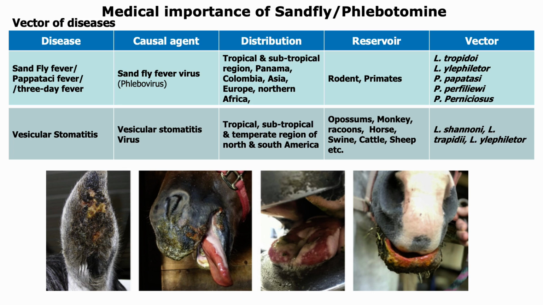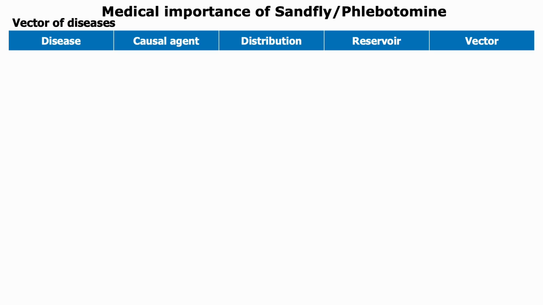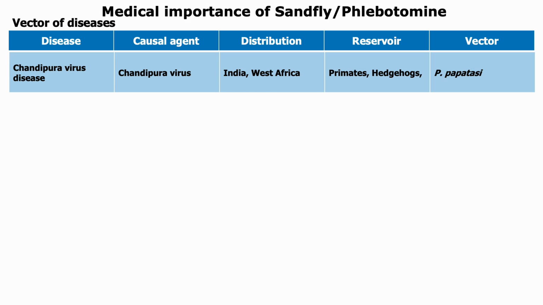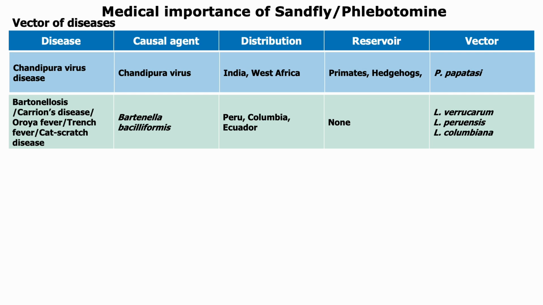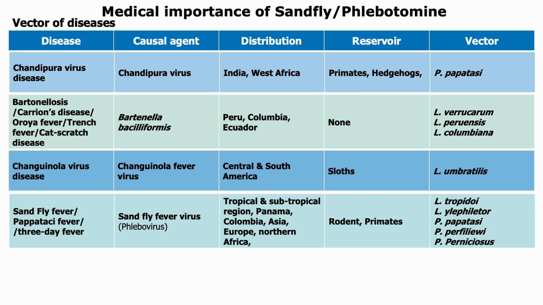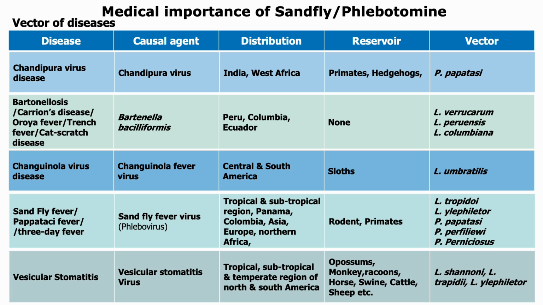It is also known as pseudo foot and mouth disease due to its similarity with foot and mouth disease. So in summary, Sandfly act as the vector of leishmaniasis, Chandipura virus disease, Bartonellosis, Changuinola virus disease, sandfly fever, and vesicular stomatitis.